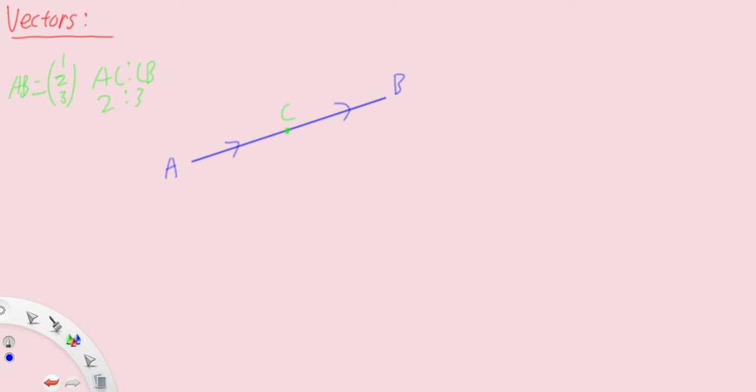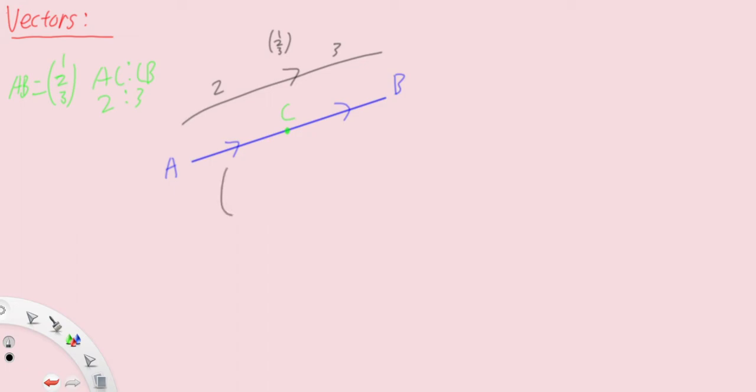Since they're moving in the same direction and they're on the same line, aka they're collinear, and because they're split by the ratio of 2 and 3, we can easily work it out. If this whole thing is (1, 2, 3), and this is 2 units to 3 units, then you simply divide by 5 and then times 2 or times 3.